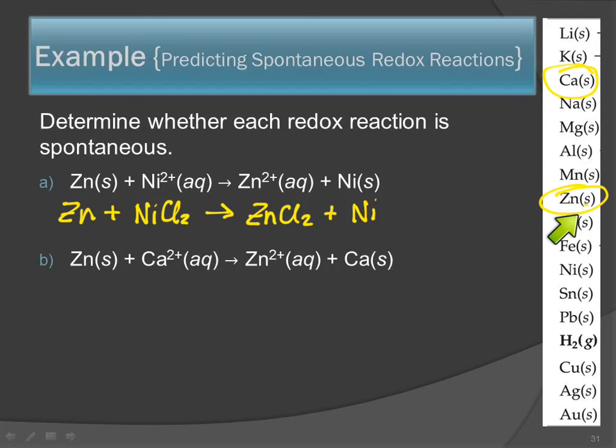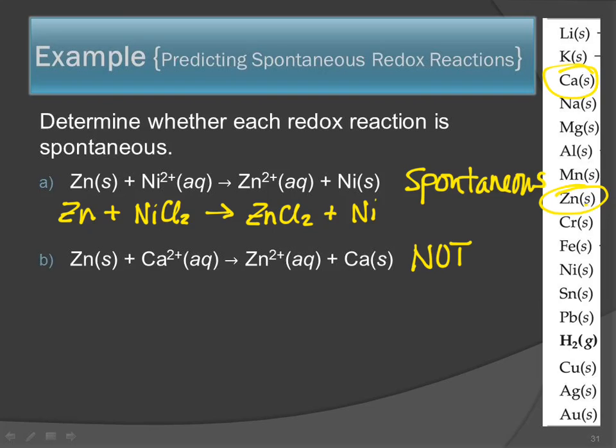This isn't going to happen. Zinc is not cool enough to steal calcium's girl. So this one is spontaneous, and this one is not. Any questions?